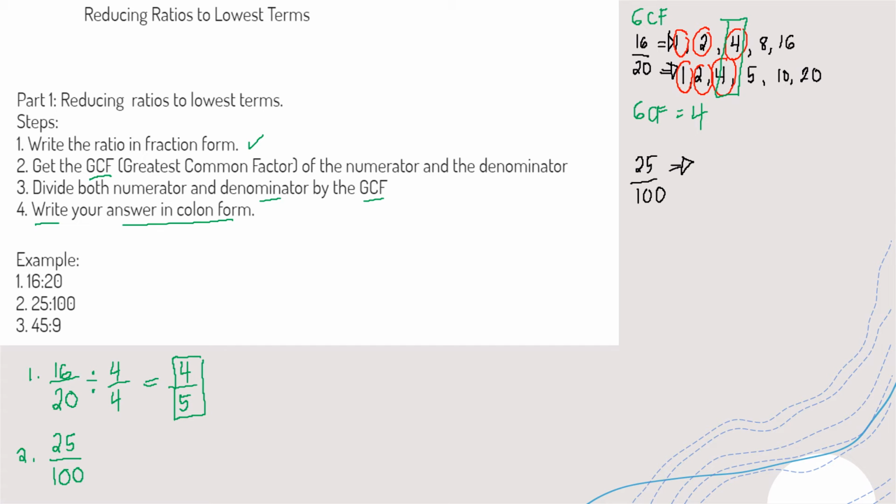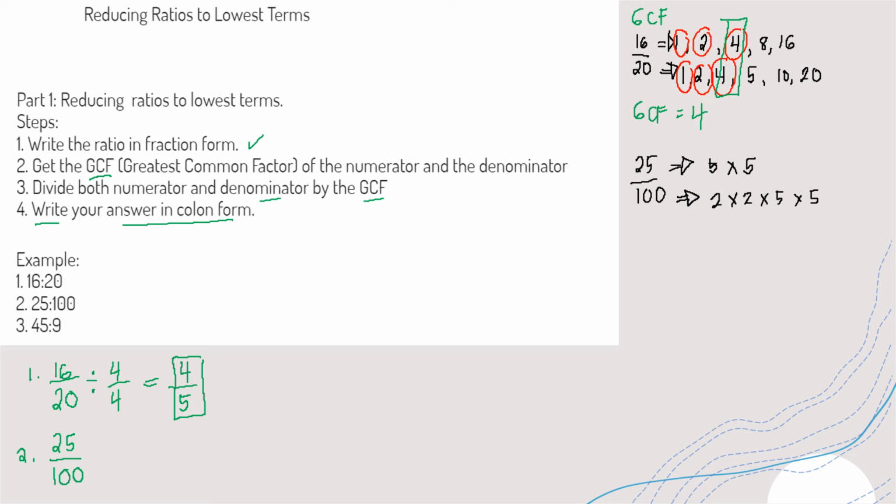The prime factors of 25 are 5 times 5. For 100, because 100 is 10 times 10, the prime factors are 2 times 2 times 5 times 5, because 2 times 5 is 10, and 10 times 10 is 100.